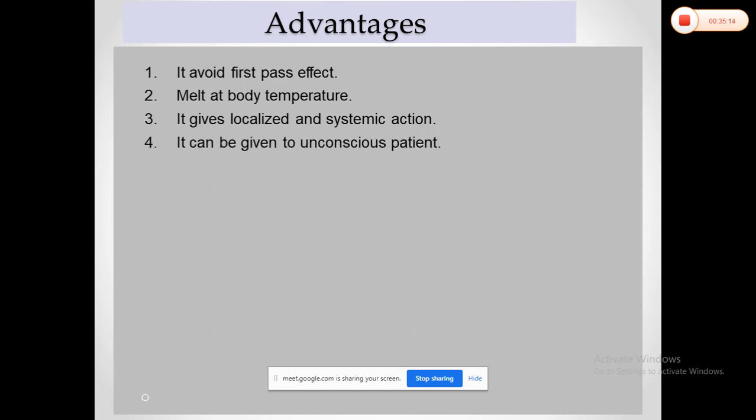When the rectum is used as a site for a systemically administered drug, the blood supply at the site and the rapid diffusion of the drug permit rapid absorption, so that provides systemic action also. These suppositories can be given to unconscious patients.